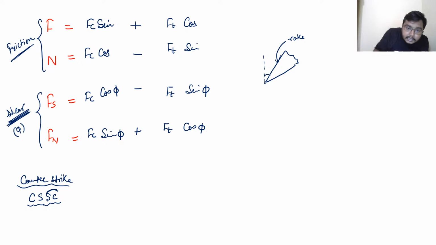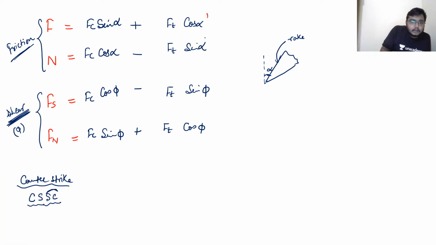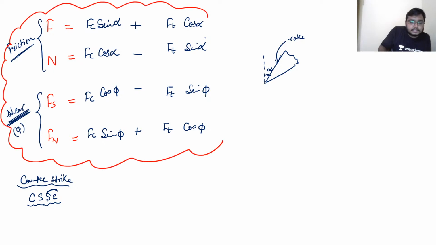So this angle is actually alpha. So what you can write here is alpha. These are the four relations that you please remember from the merchant circle analysis. These formulas are important.